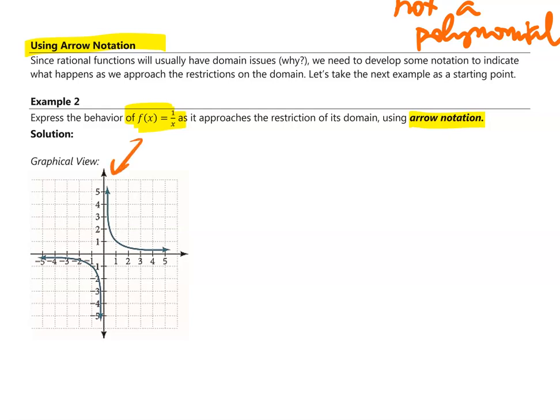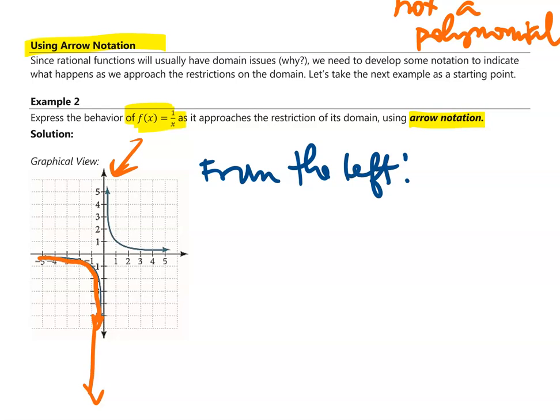So this is the graph of 1 over x. What do you see here? If you follow this graph from the left, you see the arrowhead here, meaning it's approaching negative infinity.